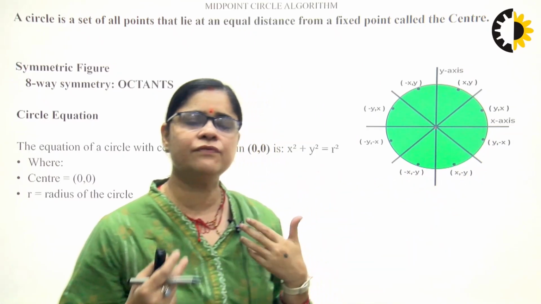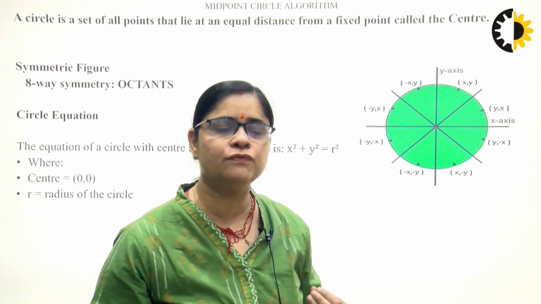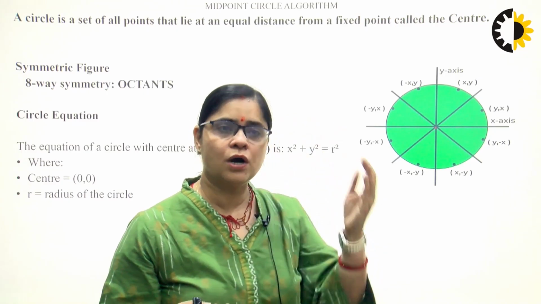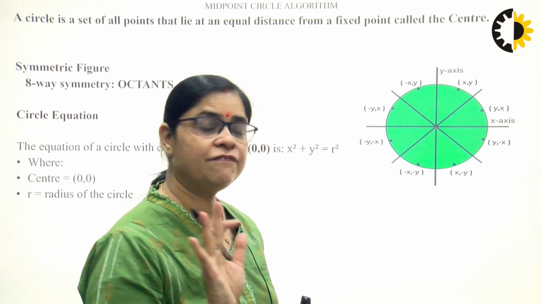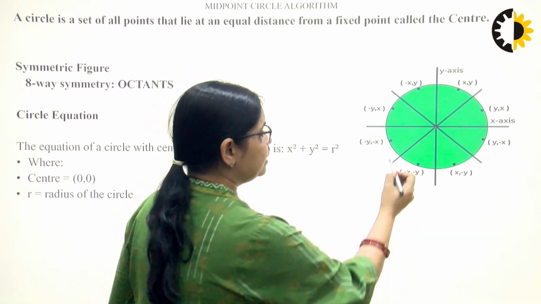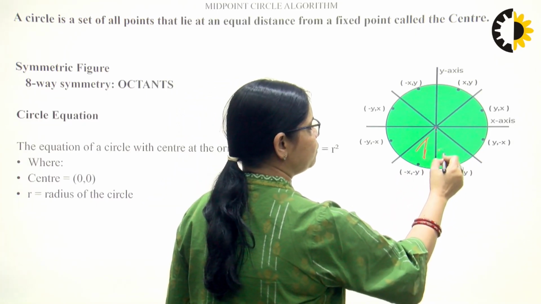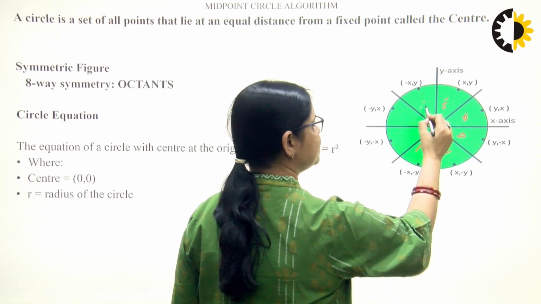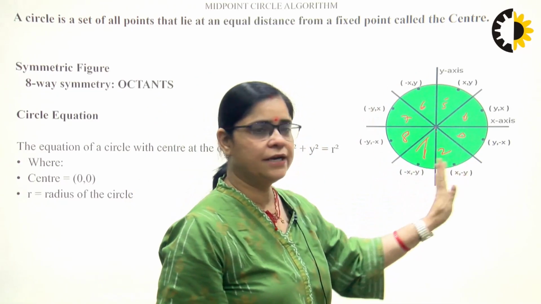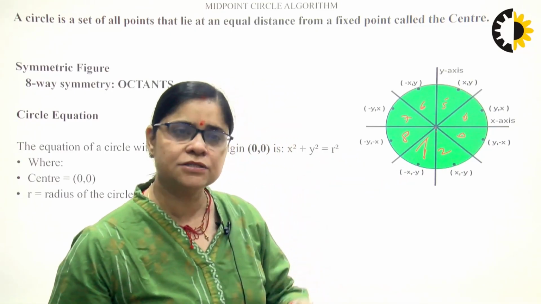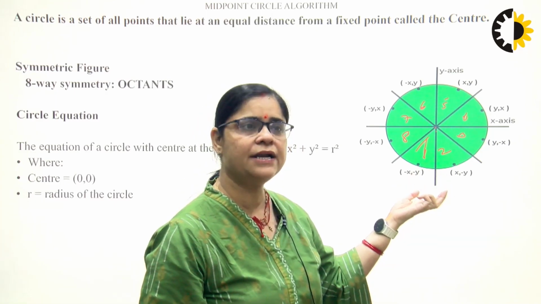After the last fold, you will find that the circle is divided into 8 parts: 1, 2, 3, 4, 5, 6, 7, and 8. That is why we say it has 8-way symmetry, or that it is an octant.